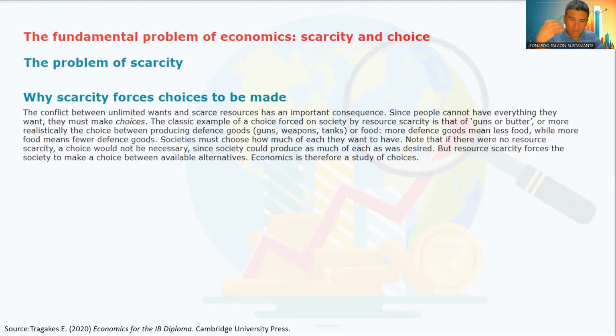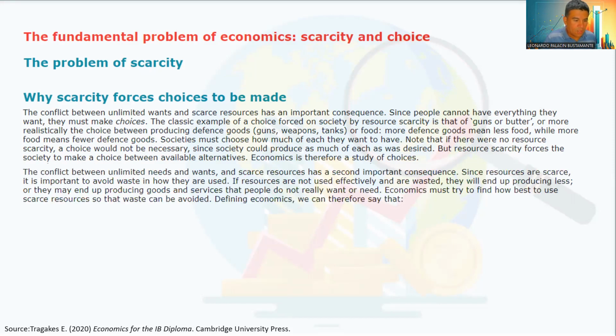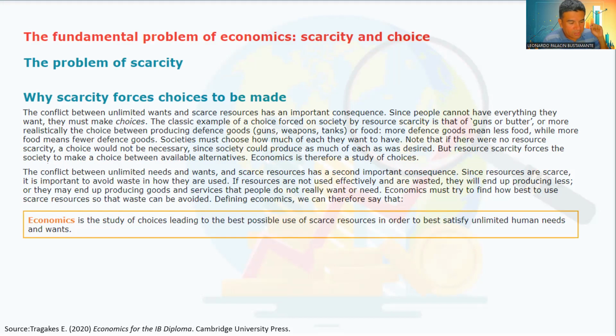More defense goods mean less food, while more food means fewer defense goods. Societies then have to choose. They have no alternative but to choose so that they are more efficient. Okay, I already explained that, and it's super important that you copy all these terms. Economics is the study of choices leading to the best possible use of scarce resources in order to best satisfy unlimited human needs and wants.